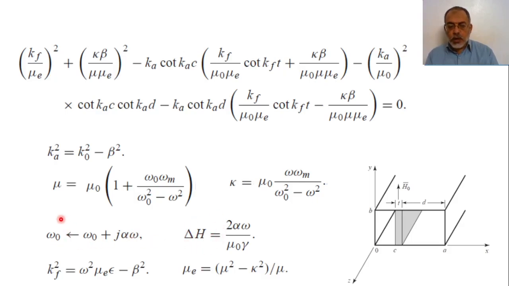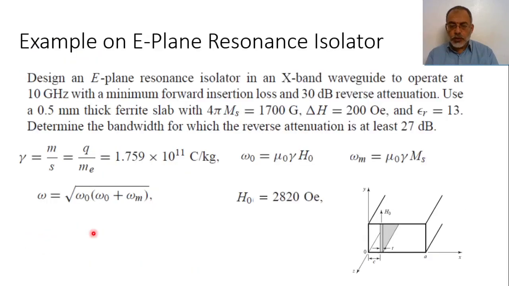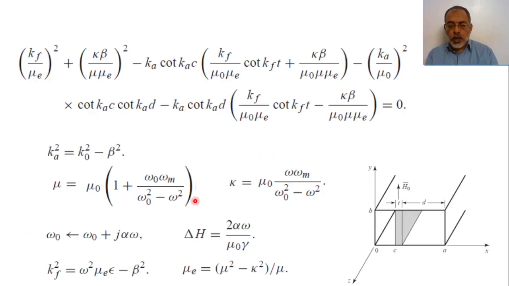So we are going to replace omega naught, which we have obtained here, by complex omega naught to include the attenuation in the ferrite. And this complex omega naught will be replaced here in mu and kappa. And from mu and kappa, we can obtain the extraordinary permeability mu_e as mu squared minus kappa squared over mu.